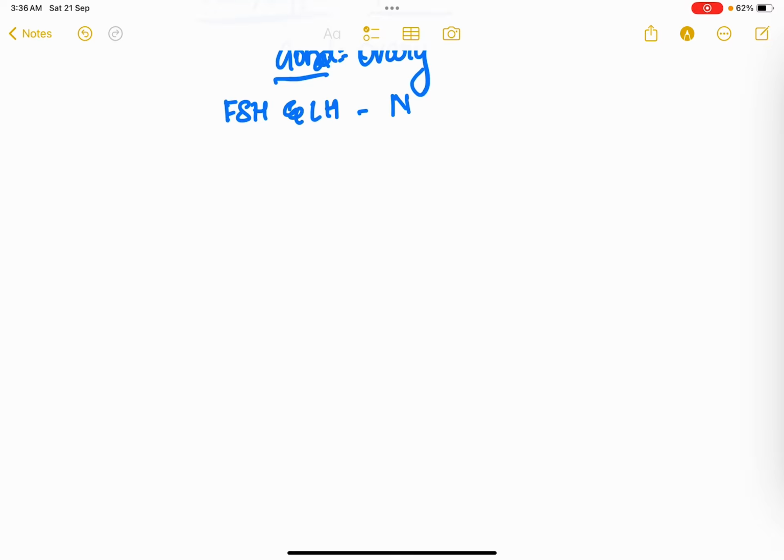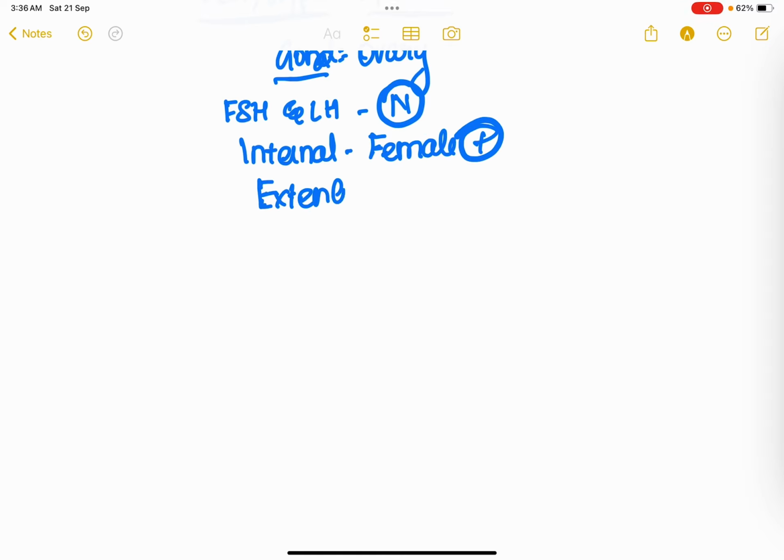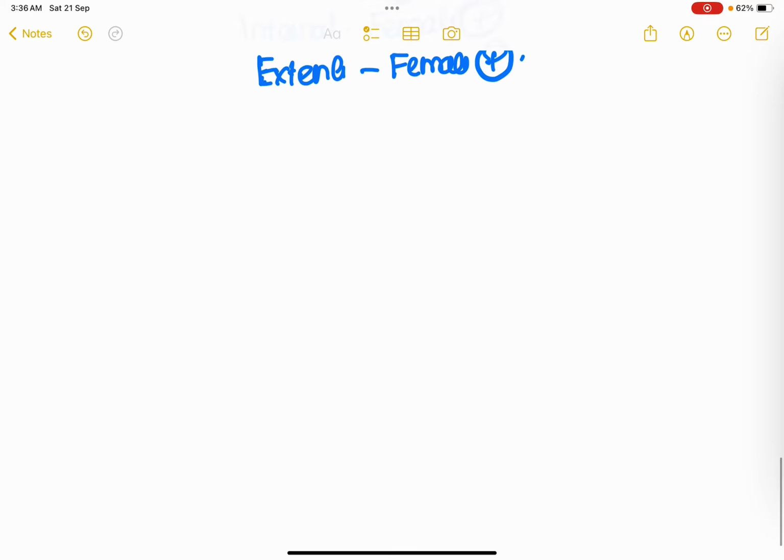Therefore, the FSH and LH are also going to be normal. Talking about the internal genitalia, she is a female, 46XX. Therefore, female internal genitalia is present. Coming to the external genitalia, yes, female external genitalia is going to be present in her. Is that clear?